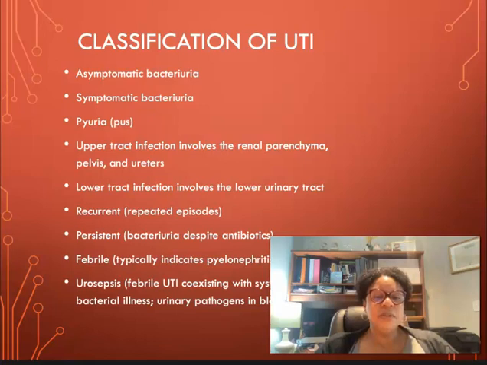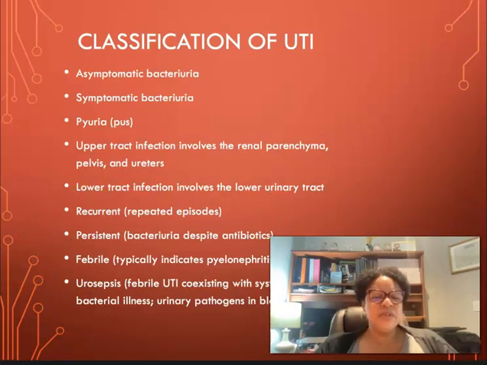Upper tract infection involves the pelvis, the ureters, and the renal parenchyma. And then the lower tract obviously involves the lower urinary tract, which is the bladder and the urethra.